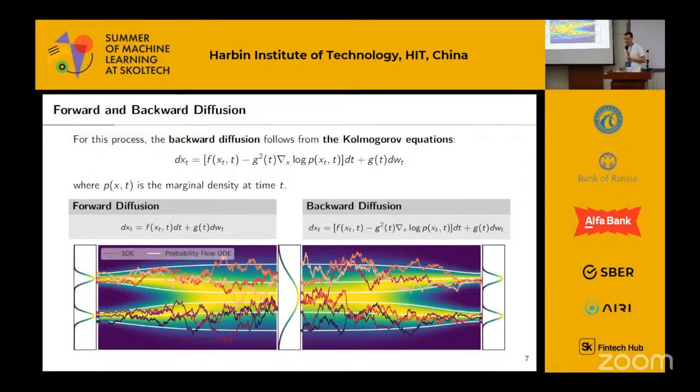And for this, there are the so-called famous Kolmogorov equations, which were derived in the middle of the 20th century. They say that if we want to write down the evolution of our point in backward time, then we can write down the so-called backward diffusion equation, which will differ from the forward equation in two things.